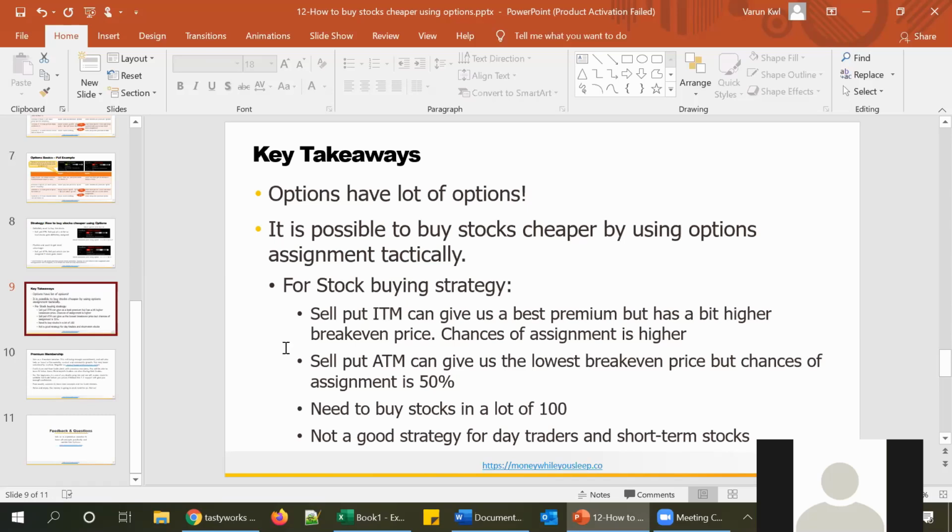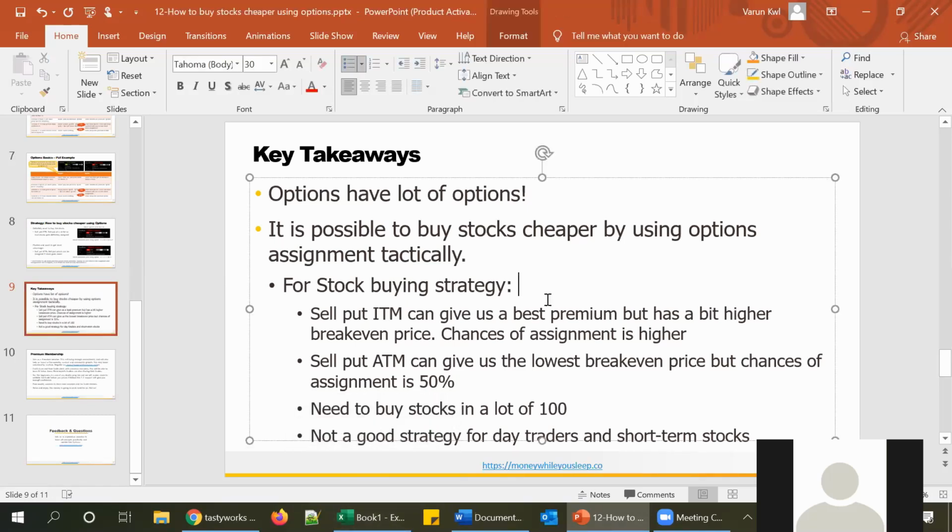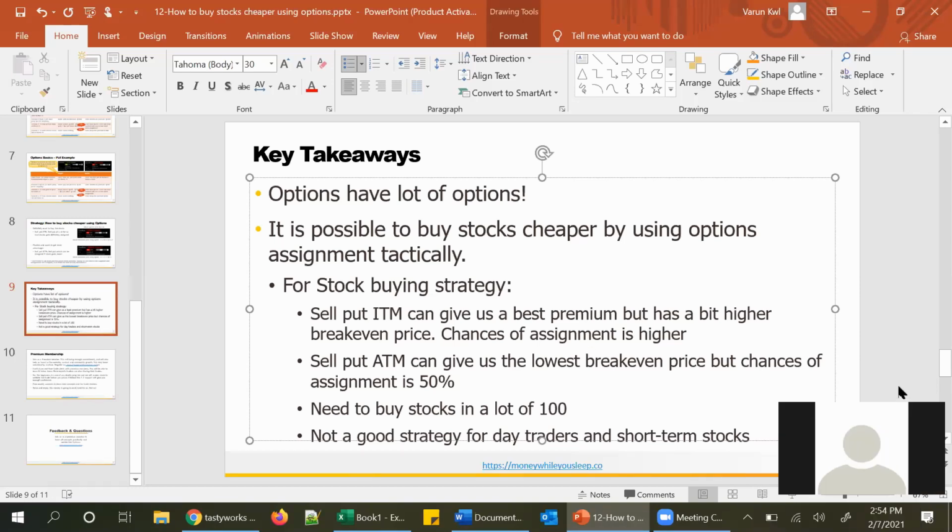Any question, guys? Well, it might be stupid, but I'm just going to ask anyway. If I do this, although I don't have physical possession of the stock, considering that I have a better outlook in this particular case, can I place the sell put and at the same time place the reverse option to get the money in a bullish market?